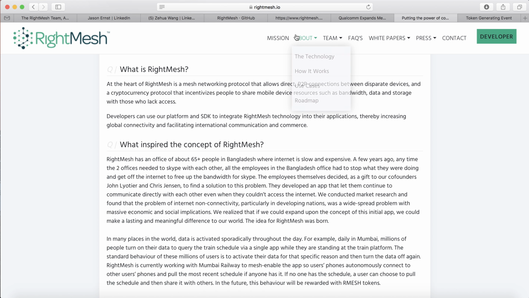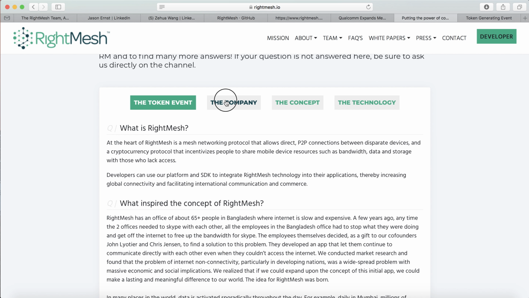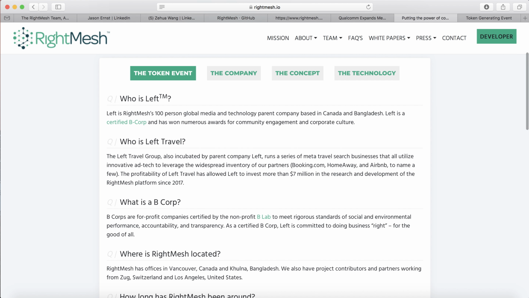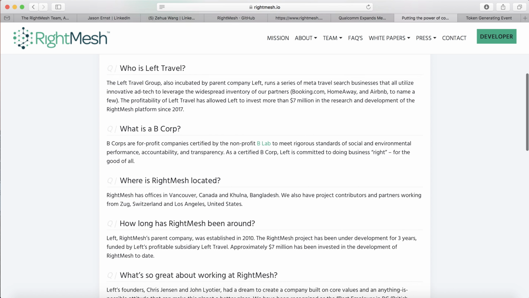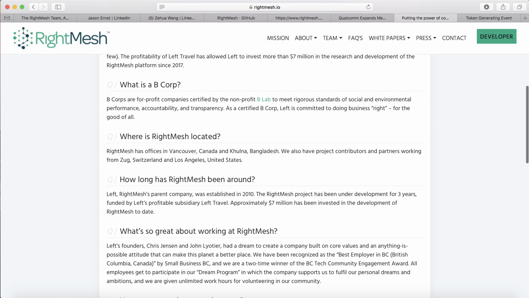This is in the FAQ. You can take a look at it, and let's look at the company. We talked about Left being the mother company. And where is RightMesh located? RightMesh has offices in Vancouver, Canada, and also in Bangladesh, Switzerland, and Los Angeles. I think they have other project contributors in LA and Switzerland.